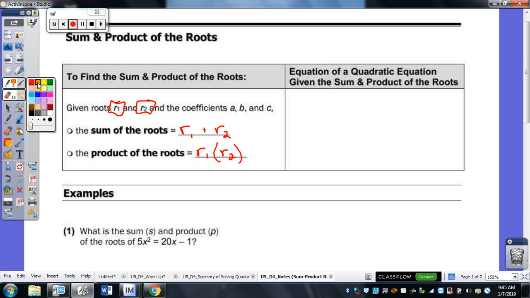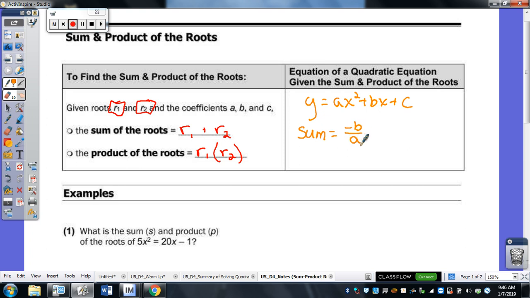If you are given a quadratic equation, again, remembering what standard form is, ax squared plus bx plus c. If you want to know the sum of your roots, it's negative b over a.